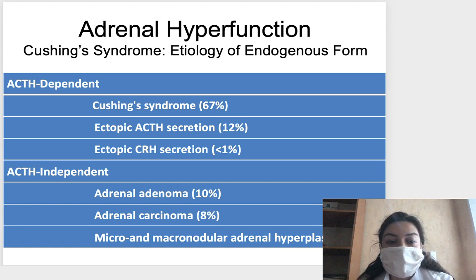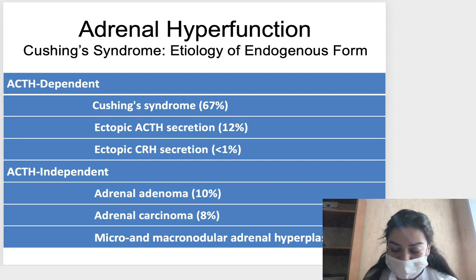And for ACTH-independent syndrome, in 10% of cases it is adrenal adenoma. In 8% of cases, adrenal carcinoma. In much more rare cases, it is micro- and macronodular adrenal hyperplasia.